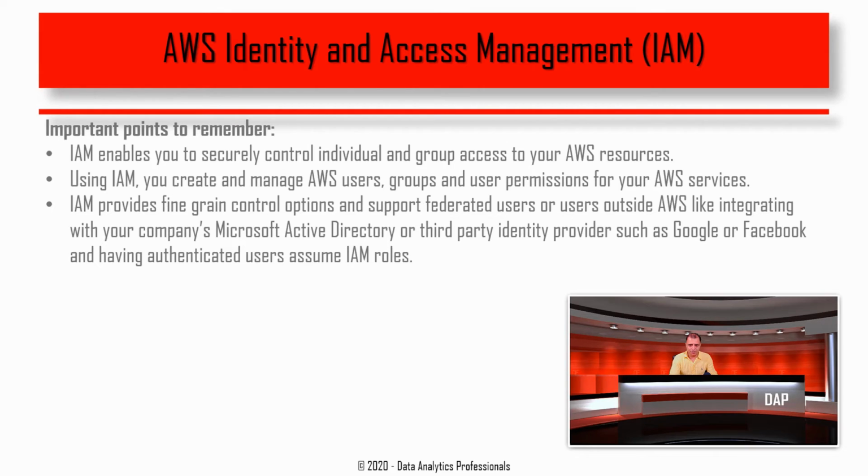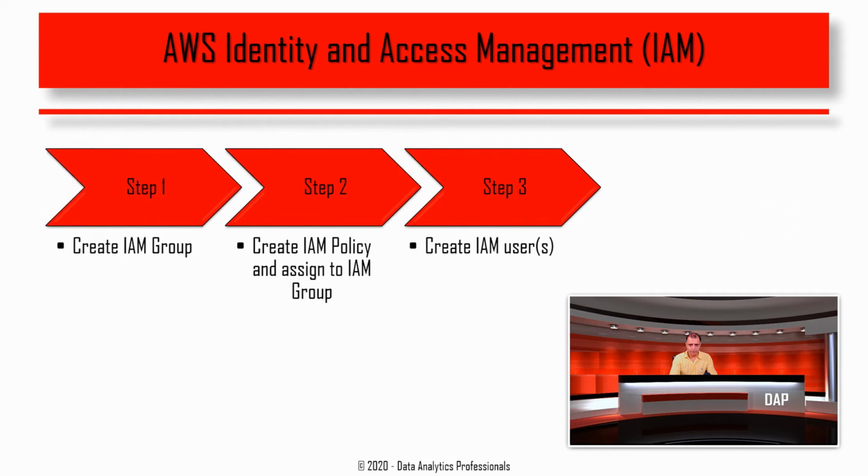IAM provides fine-grained control options and supports federated users, or users outside AWS, like integrating with your company's Microsoft Active Directory or third-party identity providers such as Google or Facebook, and having authenticated users assume IAM roles.